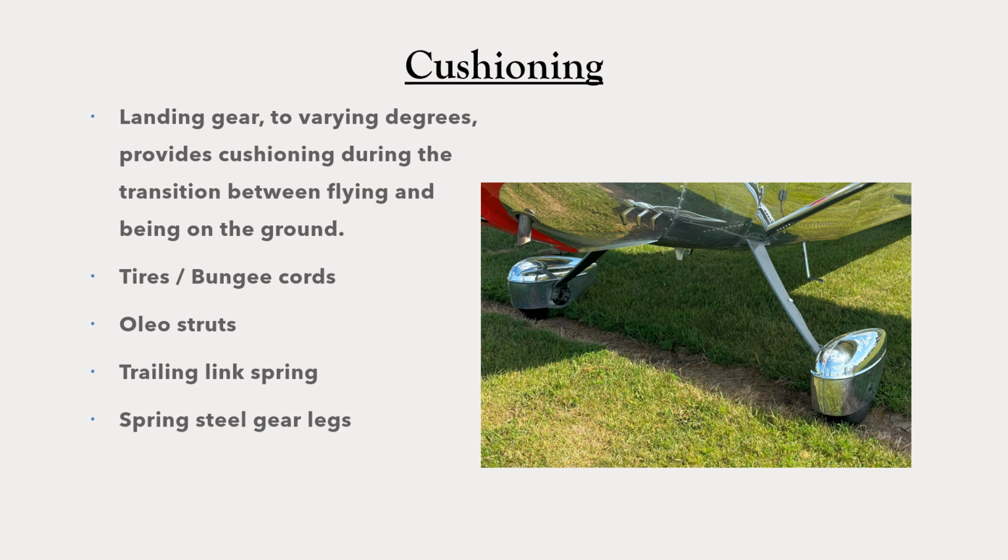Here's an example of spring steel landing gear, which deflects as it absorbs energy, and because it's very springy, it has the characteristic of tending to bounce you back up into the air if you have very much vertical speed when you land. So different types of landing gear can really impact how difficult it is to make that smooth touchdown and not get bounced back up into the air.